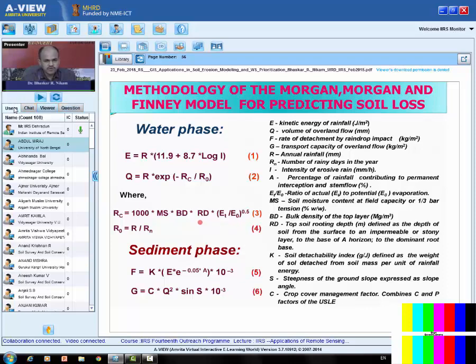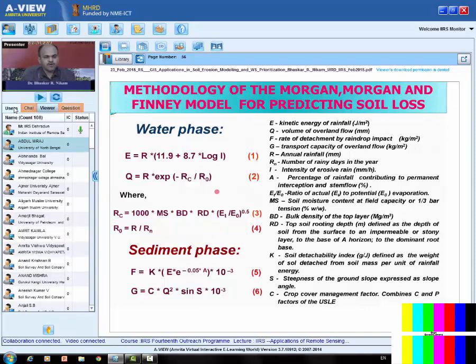So root zone depth and the evapotranspiration ratio will be properties of your land use map. Bulk density and soil moisture content at field capacity will be properties of your soil map. So if you have a soil map and a land use map, you can calculate RC using some standard tables.